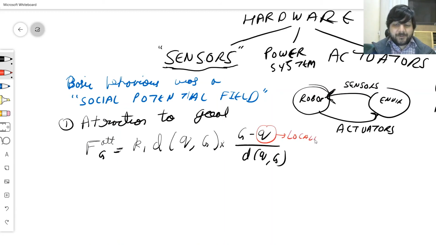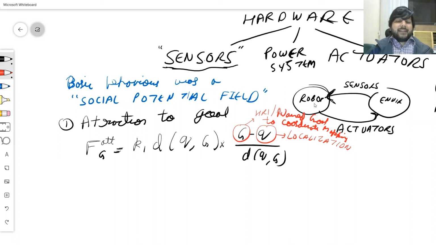So this was based on localization, and this was some complex HRI and goal to coordinate mapping, and then I can get everything.